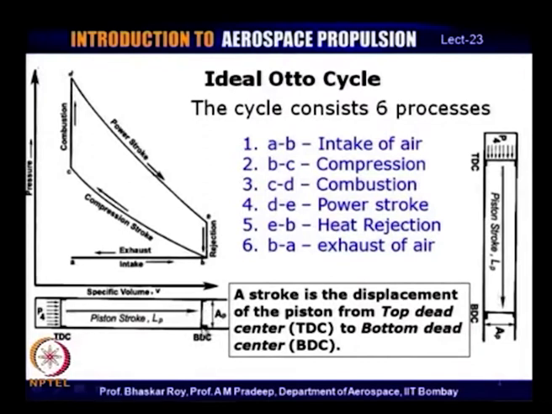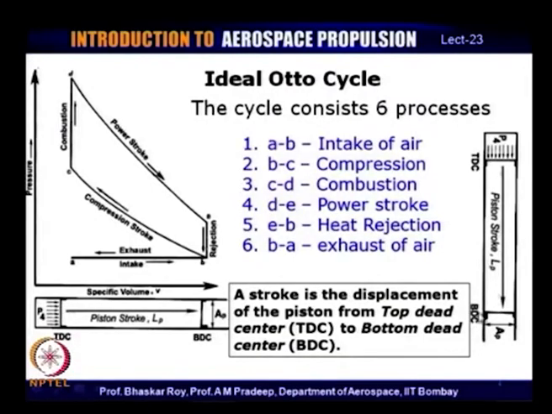Now, the end of the piston stroke, one end is called BDC. If you take the piston in an upright position, the lower one is referred to as the bottom dead center, and the top one is called the top dead center. That is how the names were given.